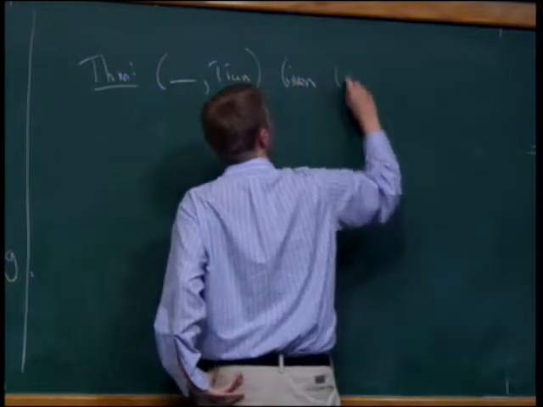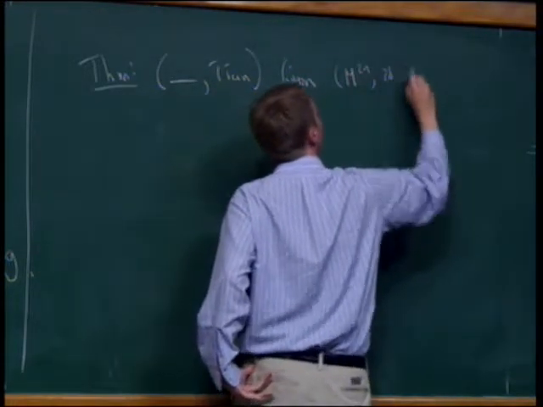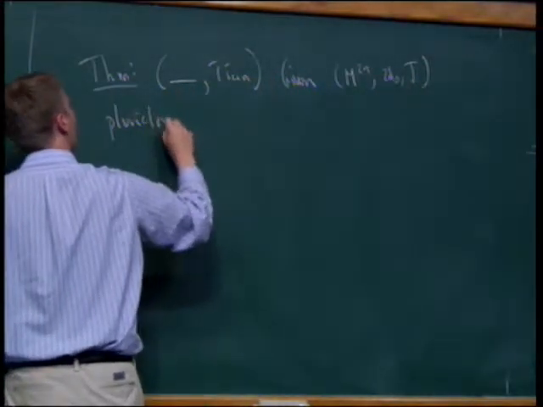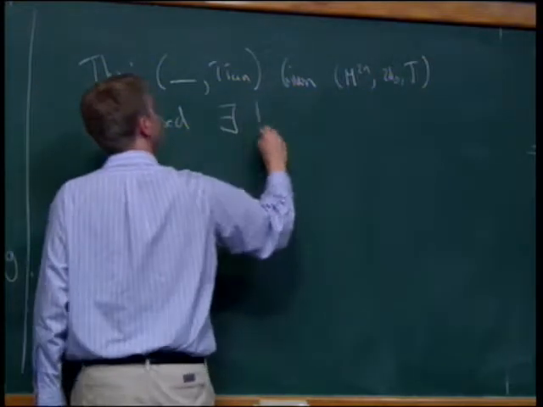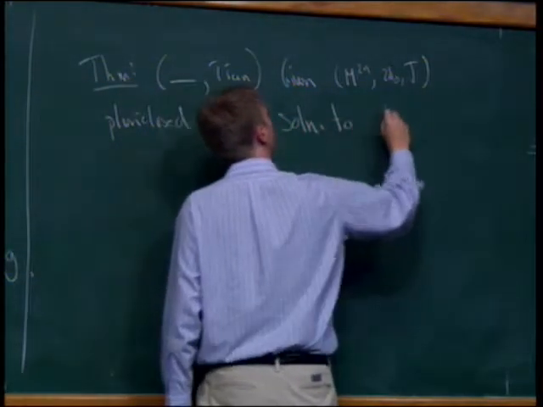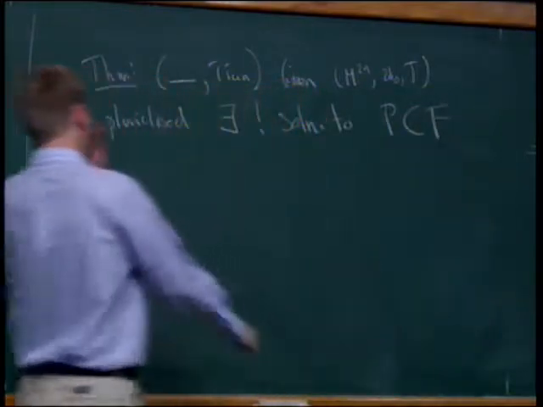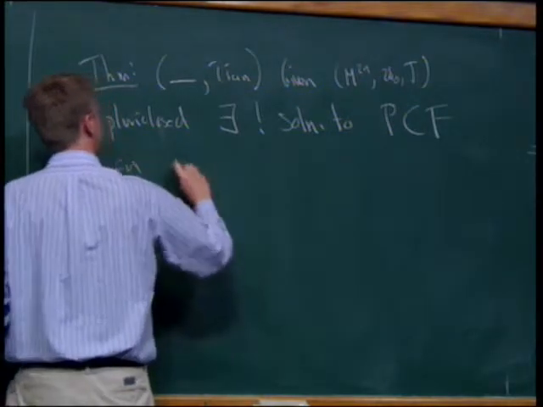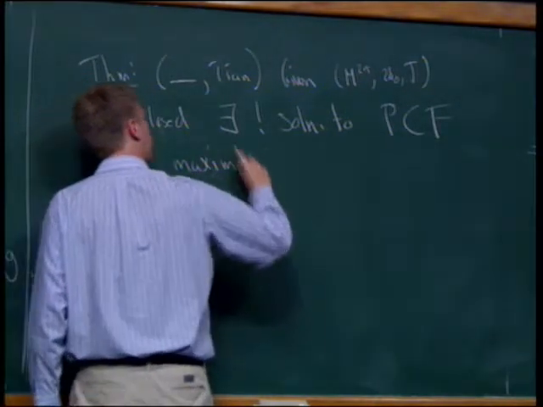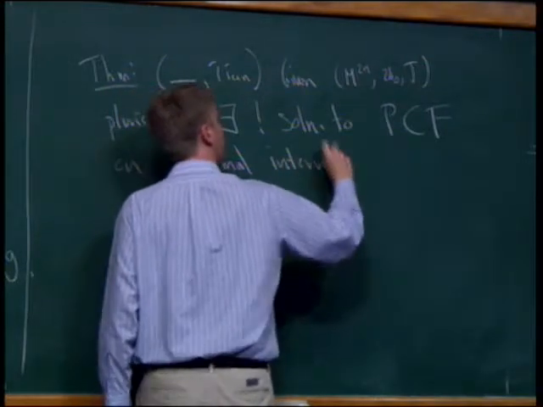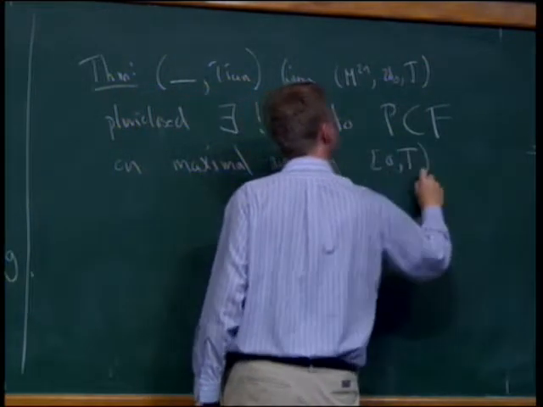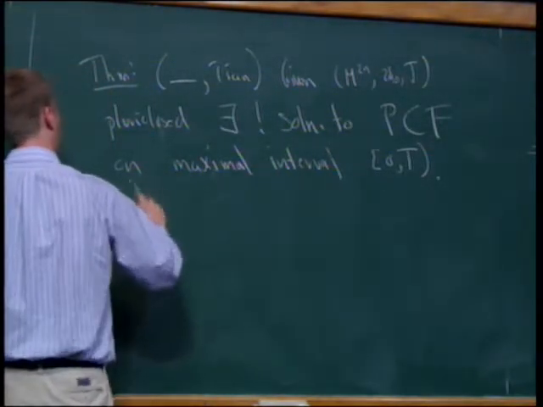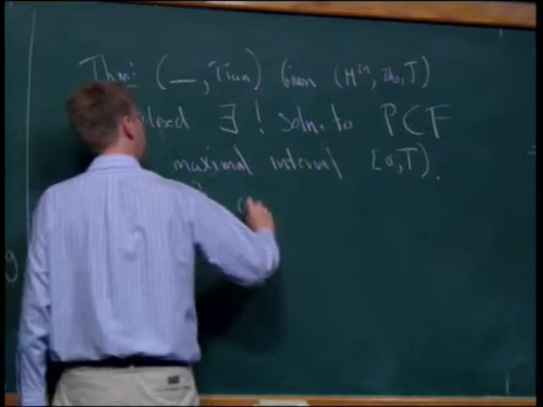This is the basic existence theorem. Given (M^2n, omega naught, J) pluriclosed, there exists a unique solution to the pluriclosed flow, PCF, on a maximal time interval [0, T) with initial condition omega naught.